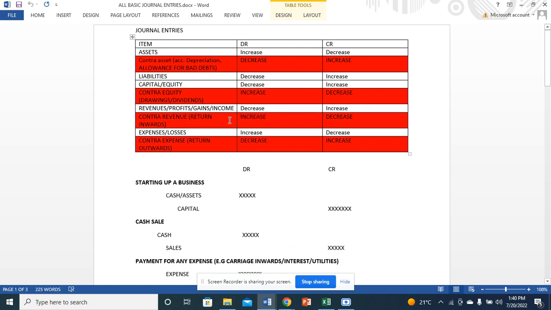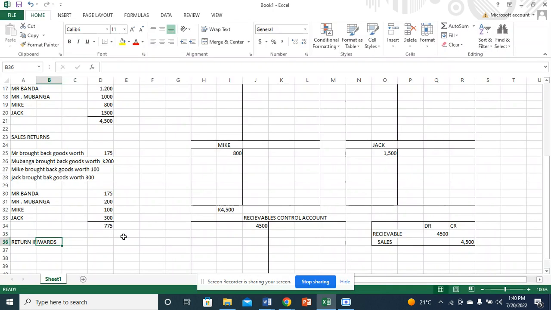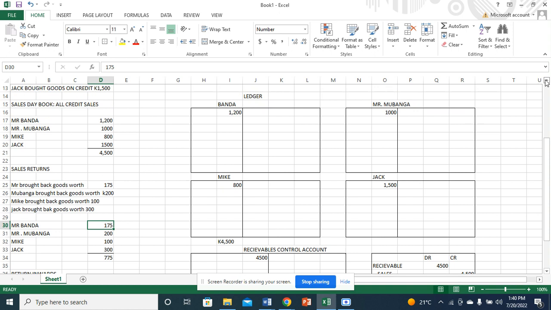Now, since your receivable is bringing back goods, that's like a decrease in our receivable. A decrease in the receivable is credited. So you're going to credit the receivable. Mr. Banda, we're going to credit him 175.